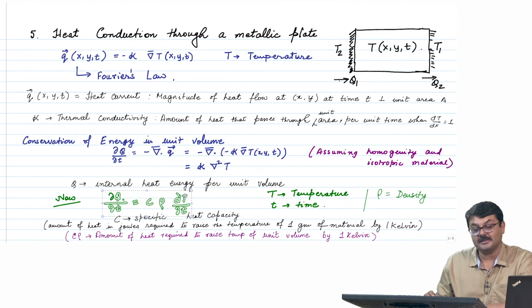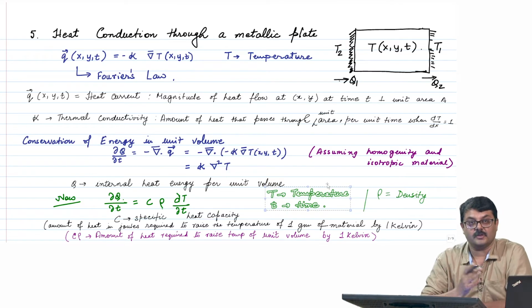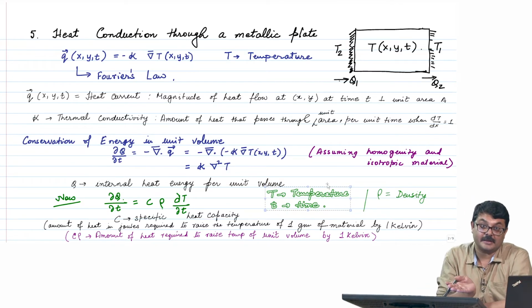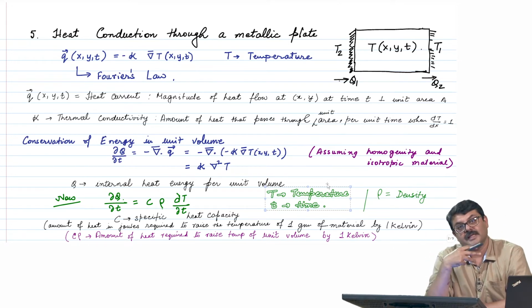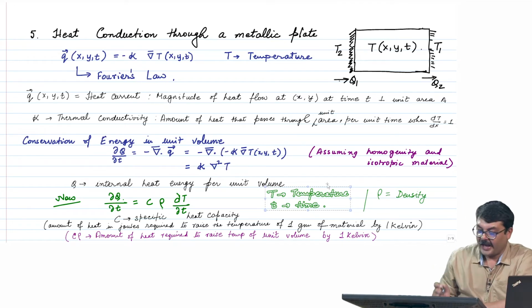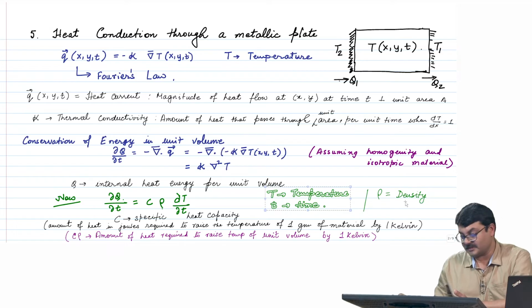So, this T at the numerator, capital T, is the temperature and the small t is the time. As the temperature increases quickly, the energy in that volume also increases quickly, and that is related to the specific heat capacity C and rho, the density of the material.